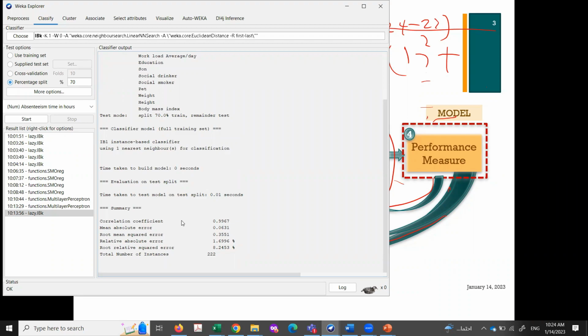The one that is so common is correlation coefficient and root mean square error, because when there's a change, you can quickly see the change. Root mean square error takes the absolute difference between your prediction and the original value, squares it, and then takes the square root of the sum of everything.